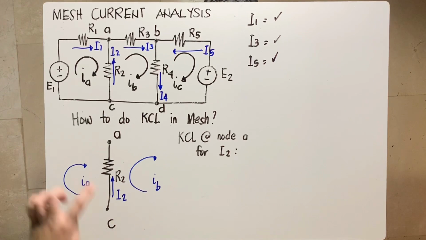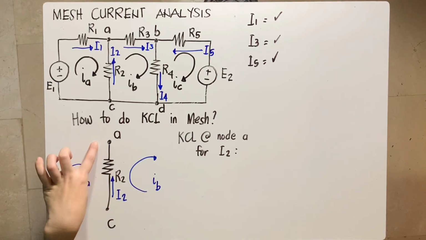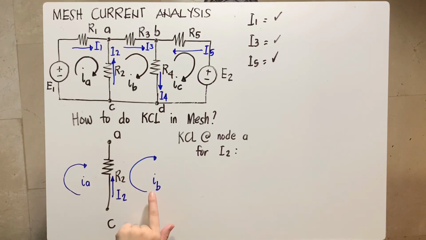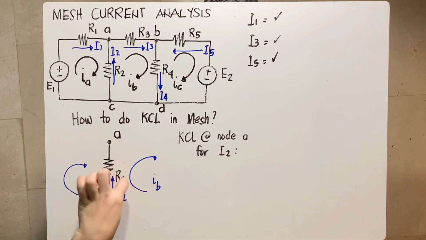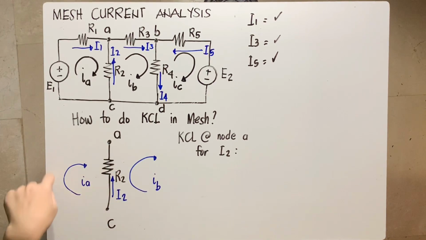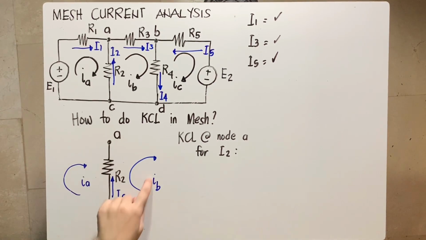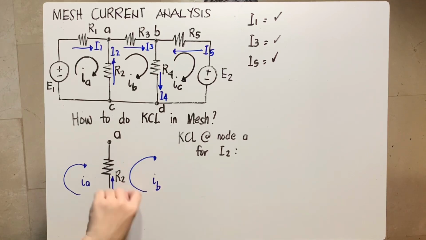we will assume that at node A, this mesh current enters the node. While at IB, this mesh current naman at node A leaves the node. Para kasing ang assumption dito is, while this is circulating, this current here has the tendency to enter that node. While this one has the tendency to ignore that node naman.